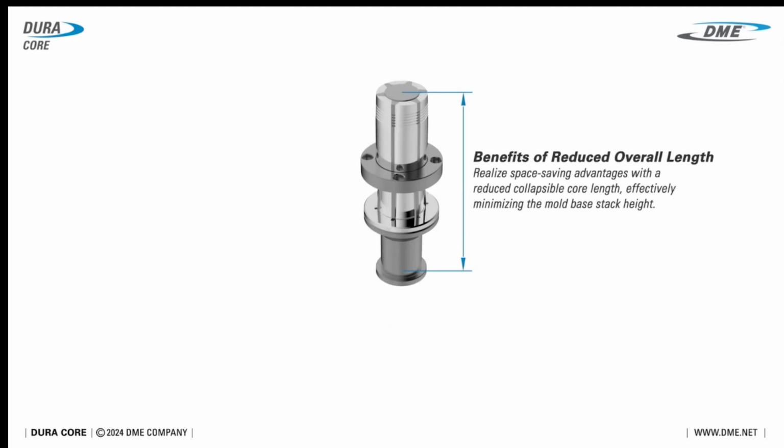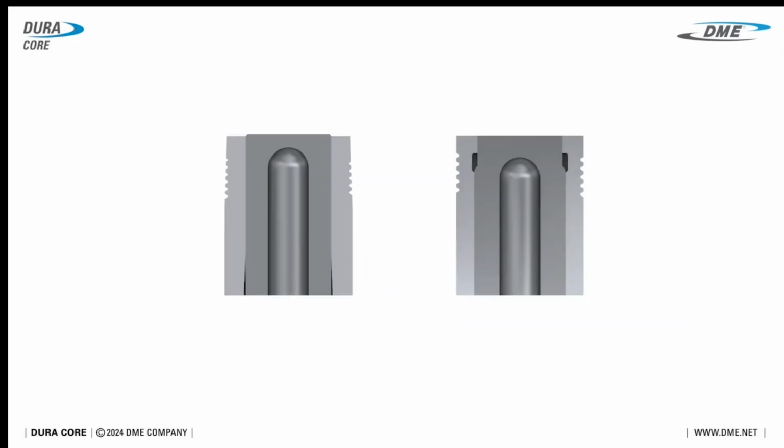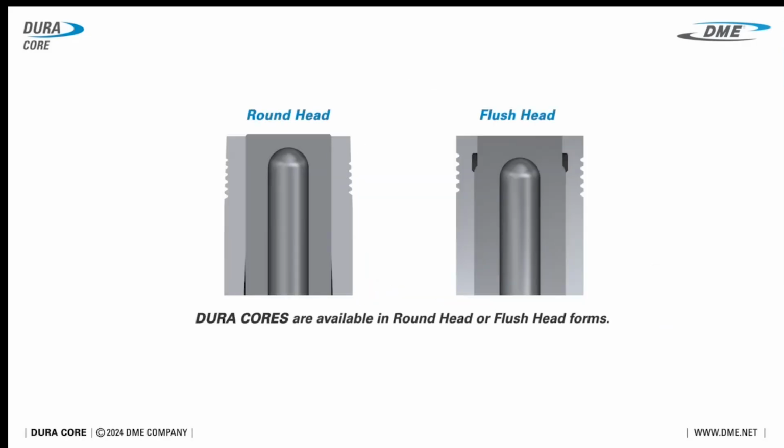Realize space-saving advantages with a reduced collapsible core length, effectively minimizing the mold base stack height. The space-efficient design accommodates more cavities, maximizing production output per cycle and boosting overall efficiency. DuraCores are available in round head or flush head forms.